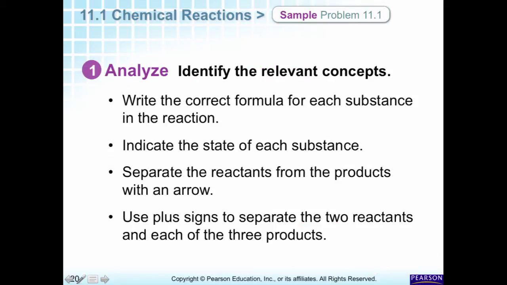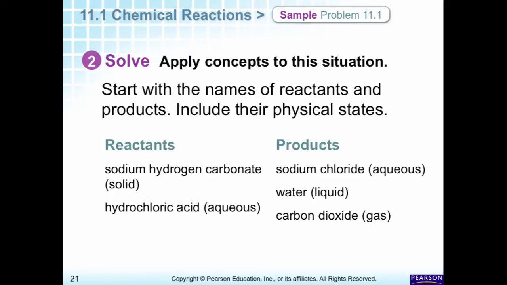All right, so how are we going to translate that into formulas? We write the correct formula for each substance in the reaction. We're going to indicate the state of each substance. We're going to put the arrows in the correct place. We're going to put plus signs between the reactants and between the three products. So there are our reactants, sodium hydrogen carbonate and hydrochloric acid.